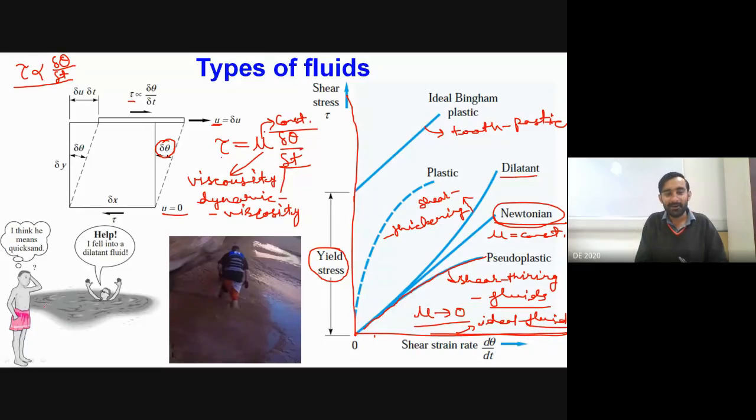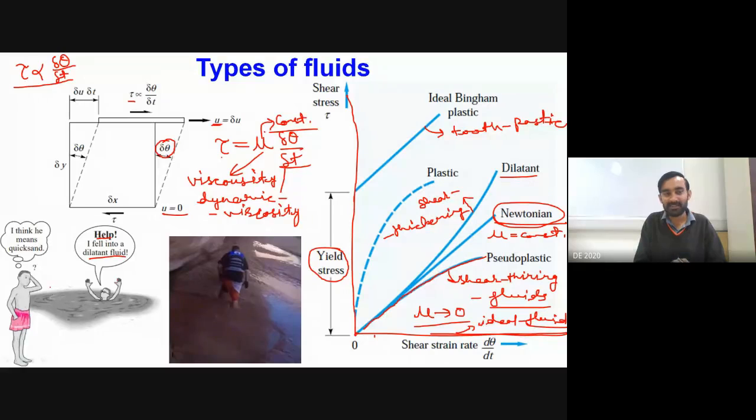Now, one illustration I have included over here. You can see we have a sand and water mixture, and one person is sinking inside that mixture. You can see what he is saying: "Help! I fell into a dilatant fluid." He is not saying that he is stuck inside mud. Rather, he is saying he fell into a dilatant fluid.